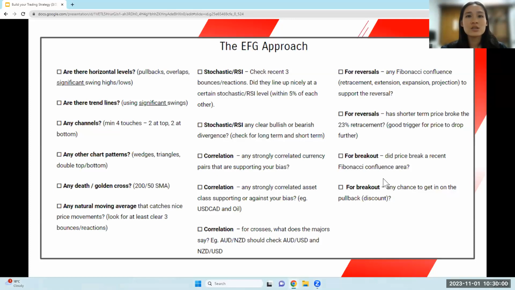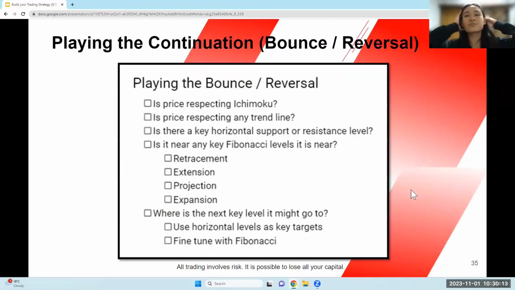It's a good checklist to take note of a couple of things, or check for a couple of things, when you are doing your analysis. So firstly, we have playing the continuation. Next, we're going to look at playing the breakout. But we're looking at continuation first.